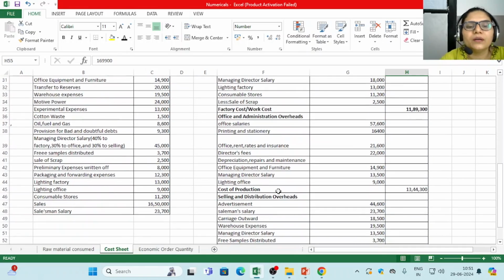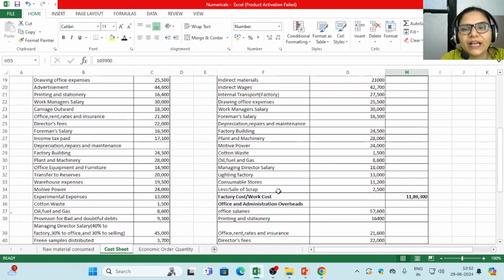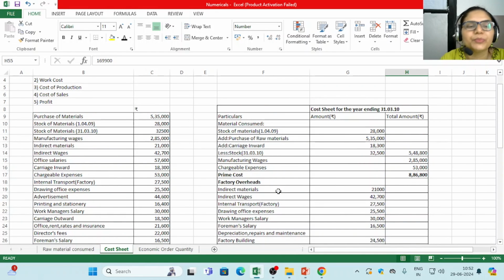So for a brief understanding, or in case you have missed any points, I again summarize the preparation of a cost sheet. We will prepare a format like this: particulars, amount, total amount. First, we will calculate the value of material consumed, as we have already discussed in the previous session.